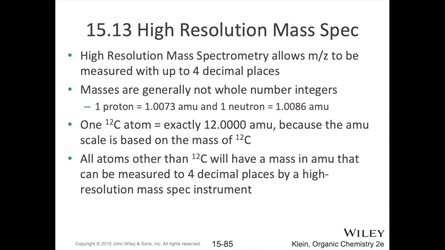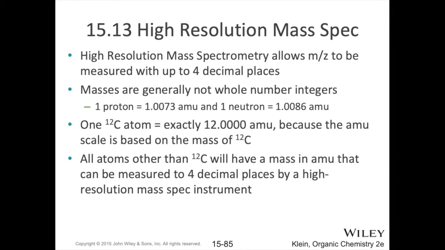That's because protons and neutrons, while they are both approximately 1 atomic mass unit, are not exactly 1 atomic mass unit. So once we get down to those kinds of differences, down to 4 decimal places, we can really pick apart the difference between 2 different fragments or 2 different parent ions.